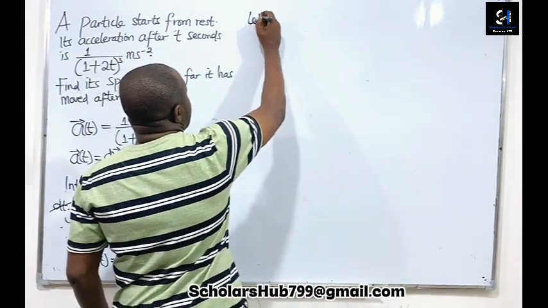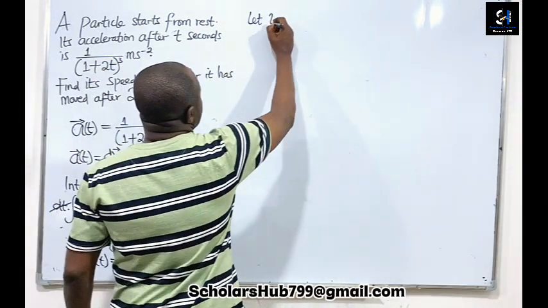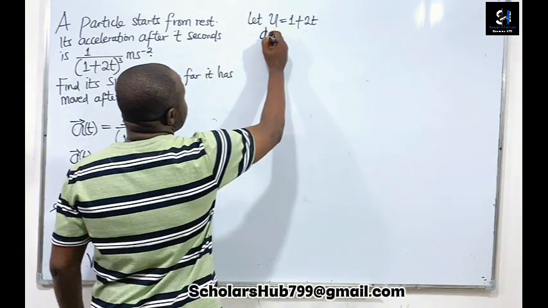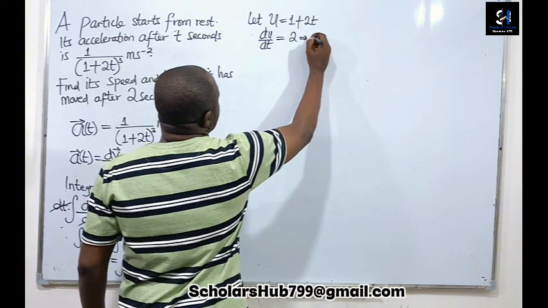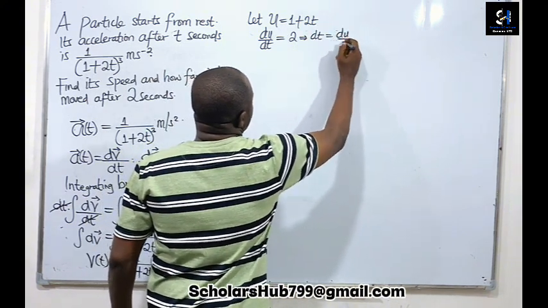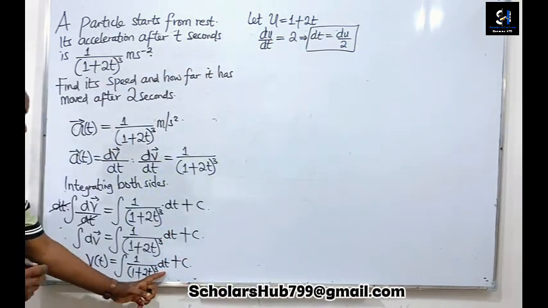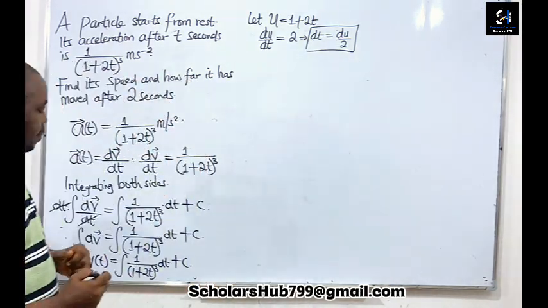Let u = 1 + 2t. So du/dt equals 2. Then dt equals du/2. So this is dt from what we have here.